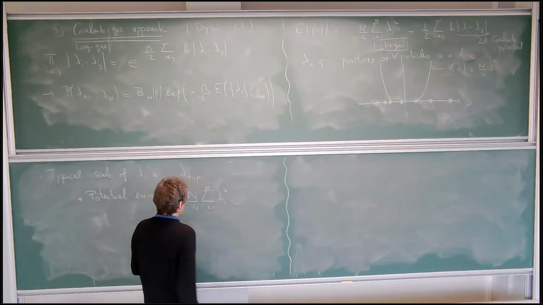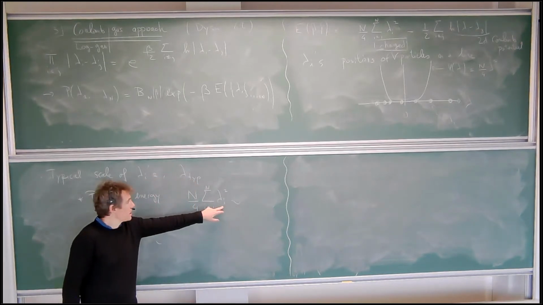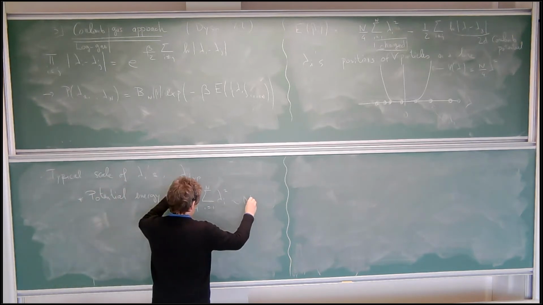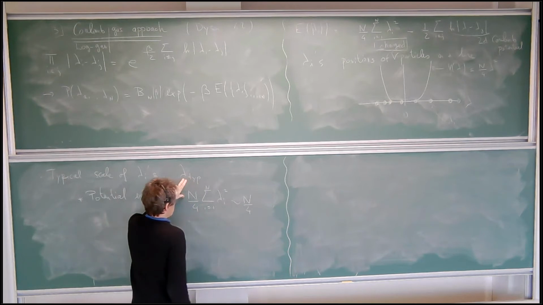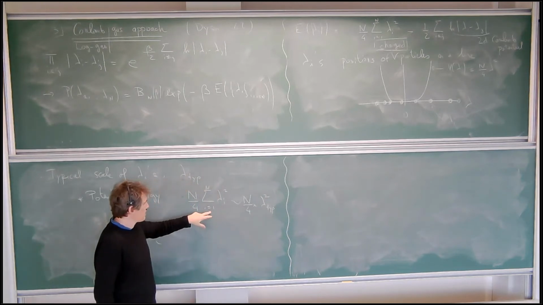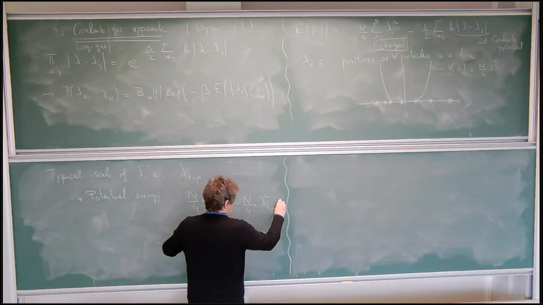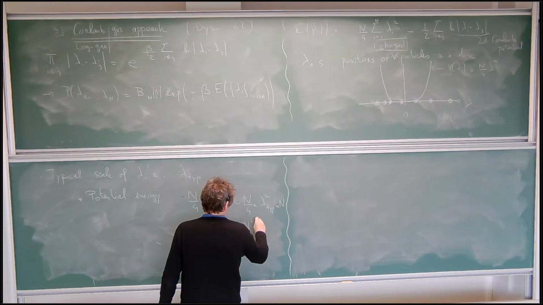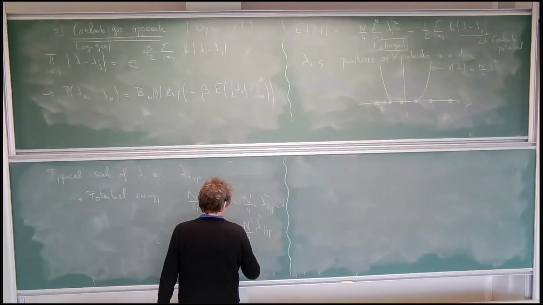So again, I will assume that each of the lambda i's is typically given by lambda typic. So I will have n by 4 times, so each of them is given by lambda typic squared. And I have n terms in this sum here, okay? So that's n again. So that's n squared lambda typic squared, divided by 4.